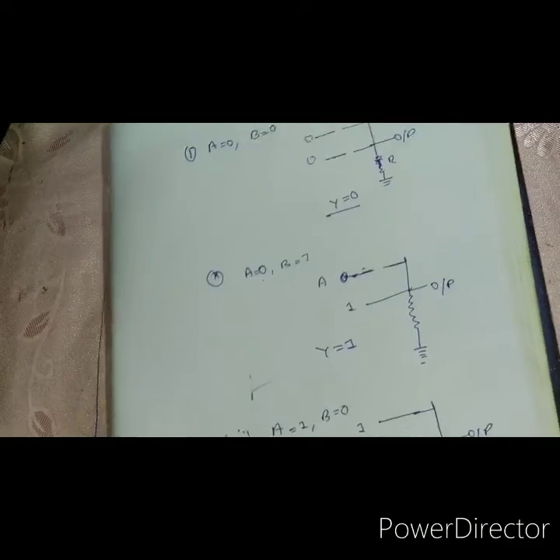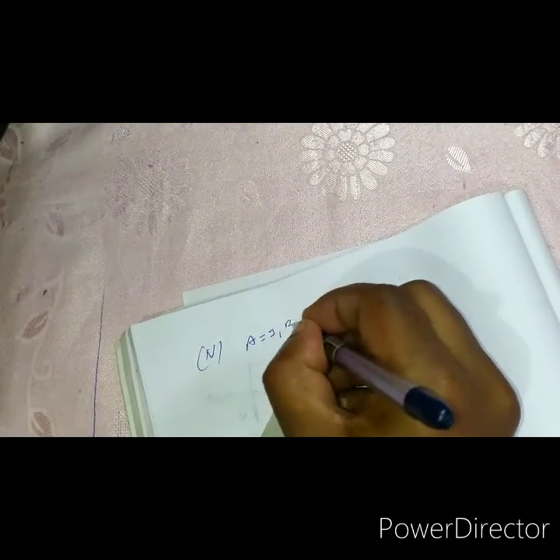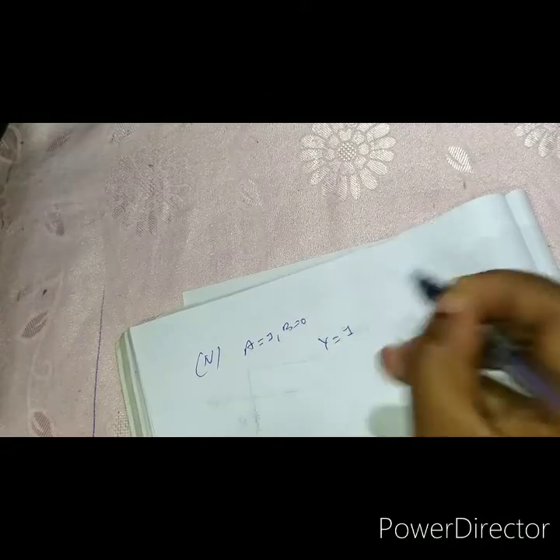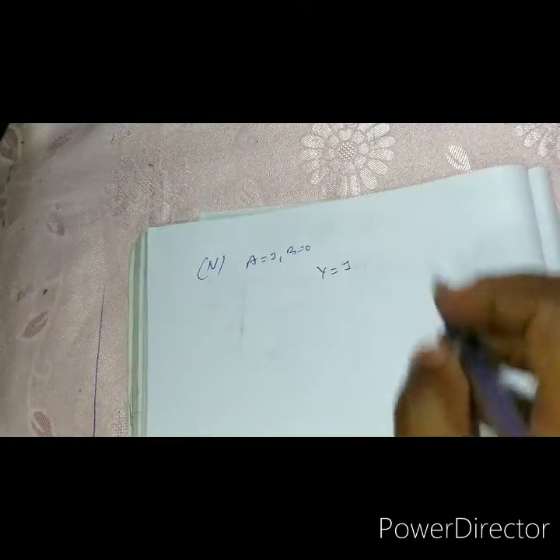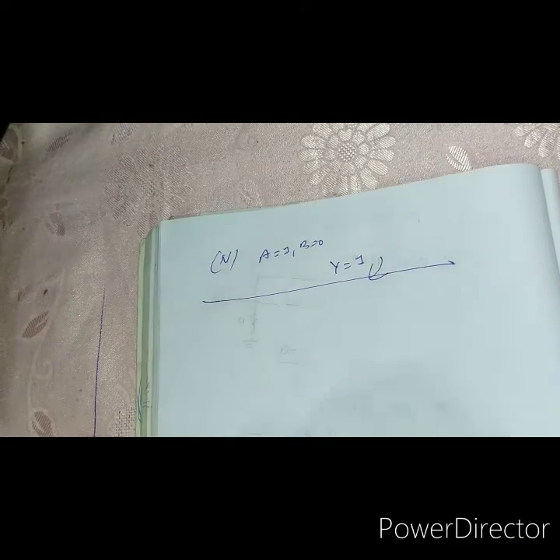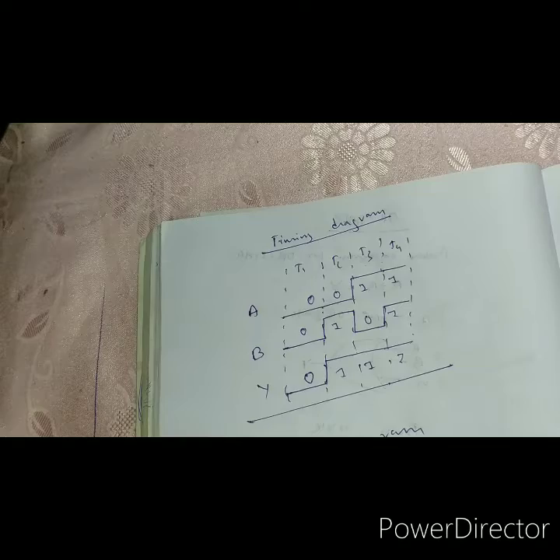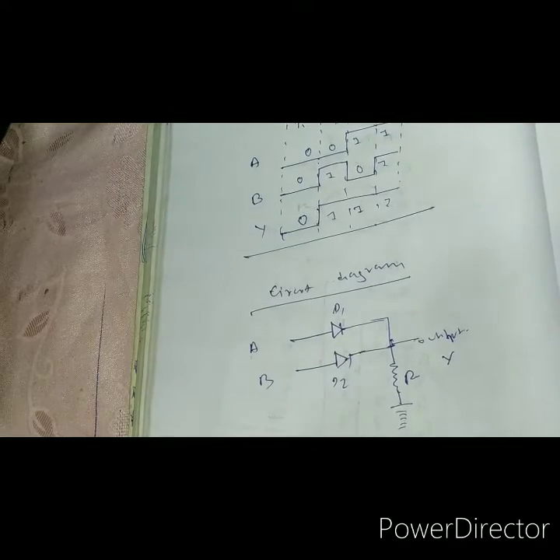For number 4, if we take A is 1 and B is 1, then Y will be equal to 1. And this matches the truth table. So hence we can say that the circuit diagram here works perfectly.